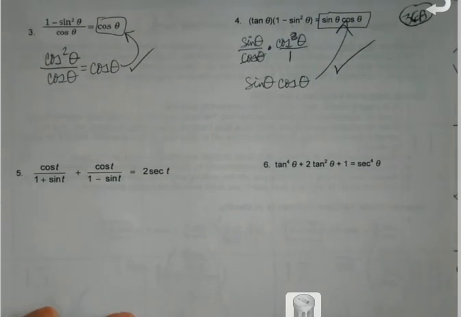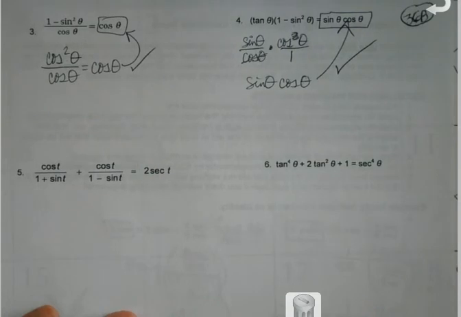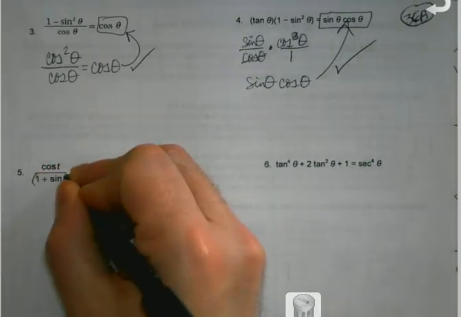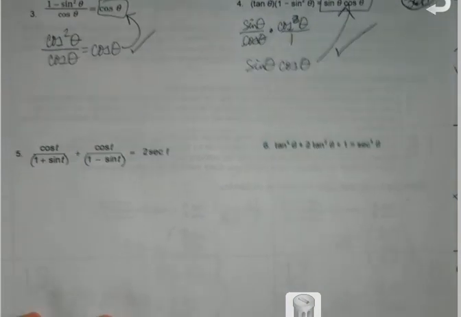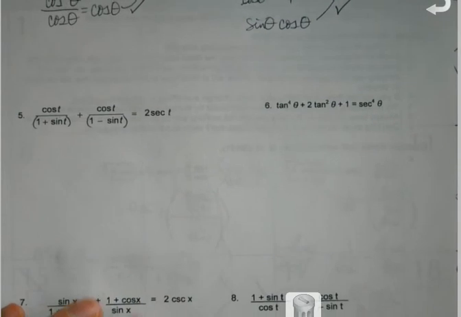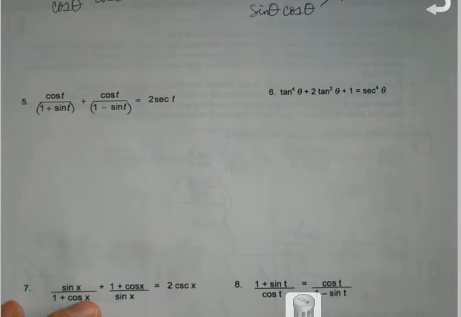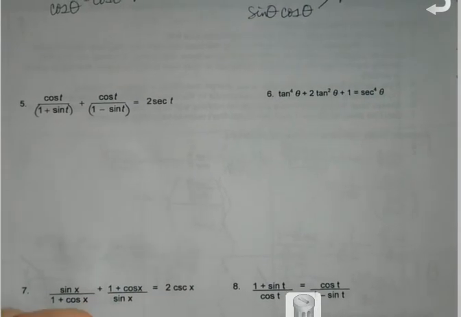5 might bring me a nightmare for a minute, but I'm well prepared for it this time. I've got this ready to go. There is the infamous 1 plus and 1 minus a trig function sitting in the denominator. No worries. It's going to be like the one we did yesterday that got a little lengthy. So save yourself some room here.